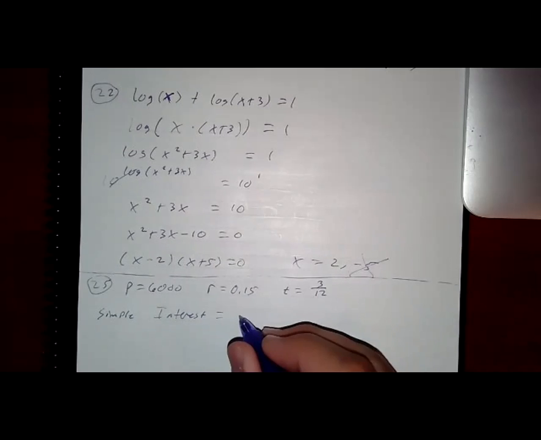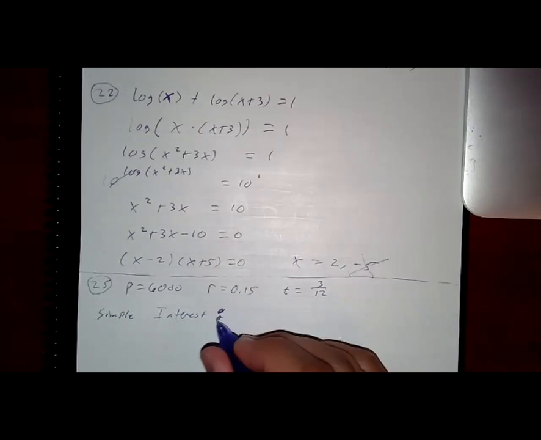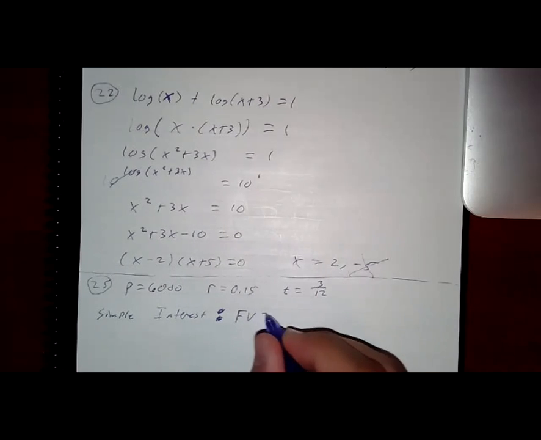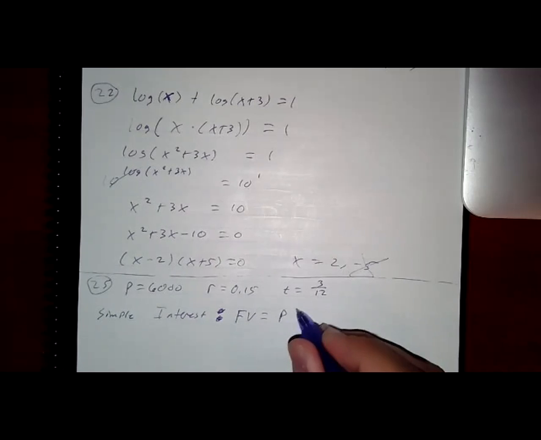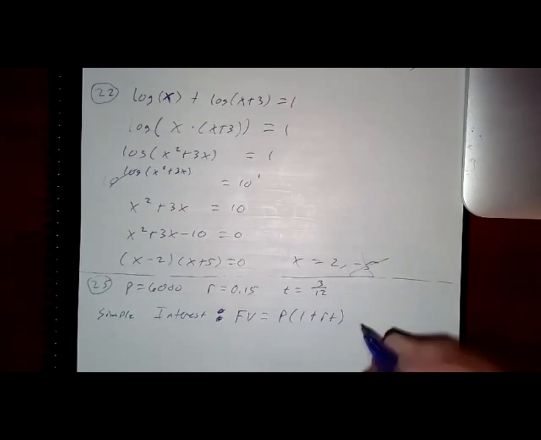So what's total? So we're going to use this formula. Future value is equal to principal times 1 plus RT.